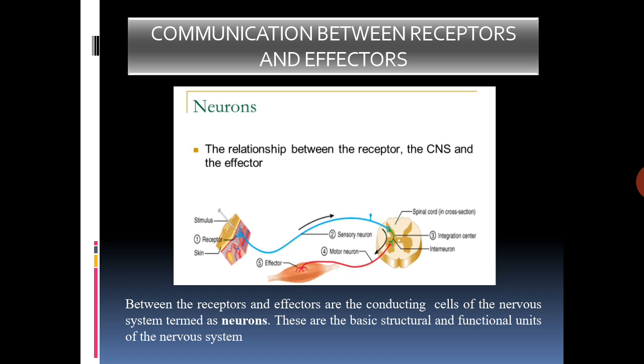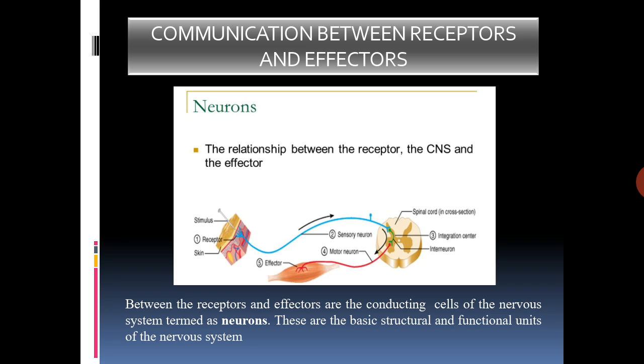Then there are motor neurons that carry impulses from the central nervous system to the effector organs. Effectors are muscles or glands which work in response to the stimulus received from the motor neurons. So, between the receptors and effectors are the conducting cells of the nervous system termed as neurons.